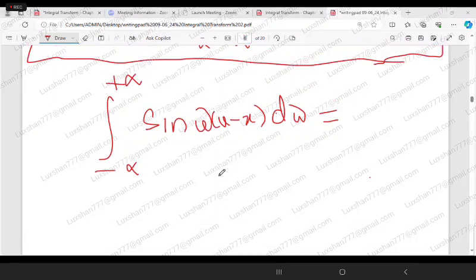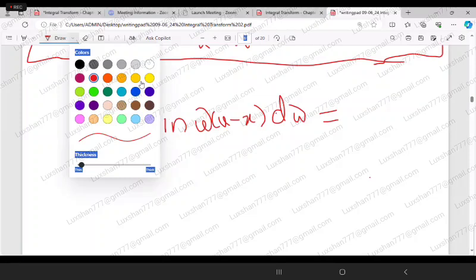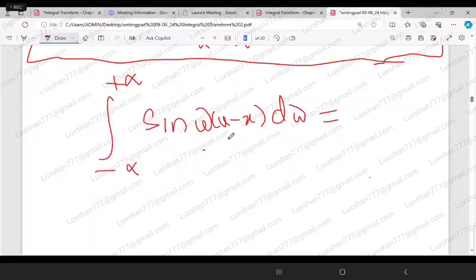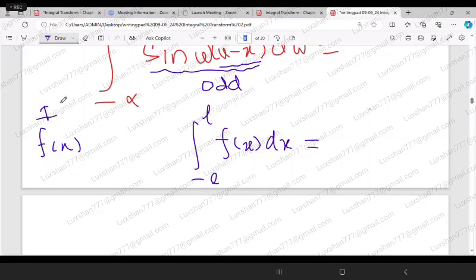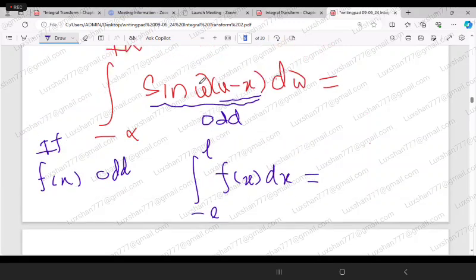Yesterday, in the last class, we studied this. Now, this is a sine function. This is like a constant because we are integrating with respect to omega. So this is what kind of function? This is an odd function. Can you remember the integral from minus L to plus L of f(x) dx equals what? If f(x) is odd, what can you say about this one?